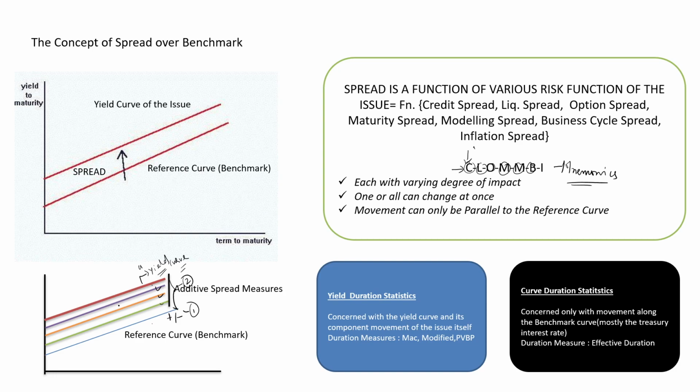Similarly, if the stackable spread measures move up and down by a certain number of basis points, the yield curve will also concurrently move up and down, but exactly in a parallel fashion. And that is what is called the shape preserving effect of the benchmark itself. More of this in the subsequent part of the video, where we'll be concluding the most important lesson of this portion of the chapter. Thank you.